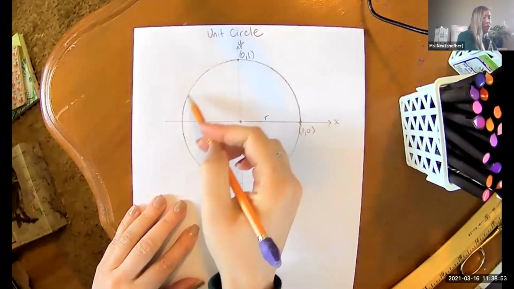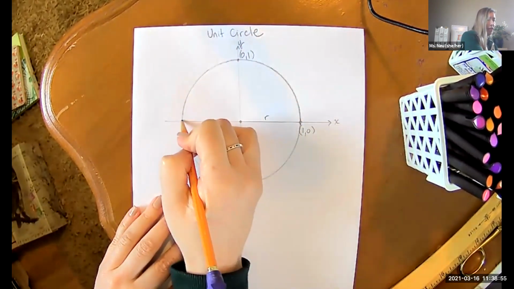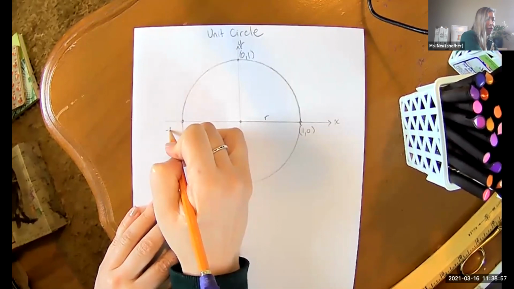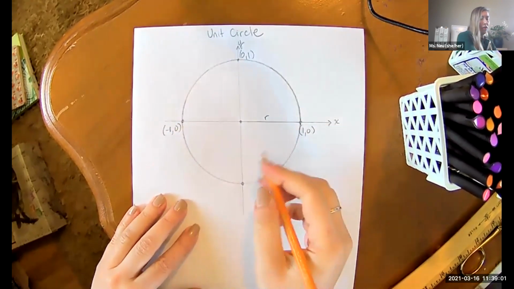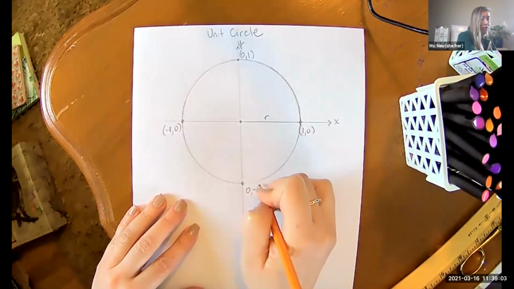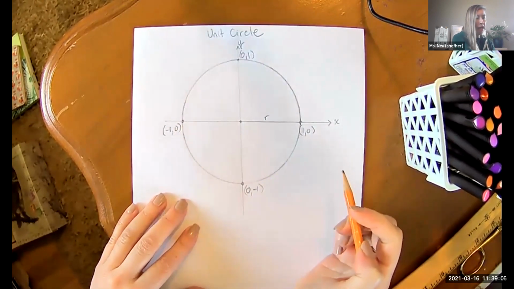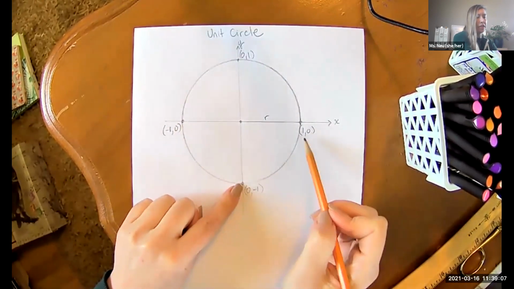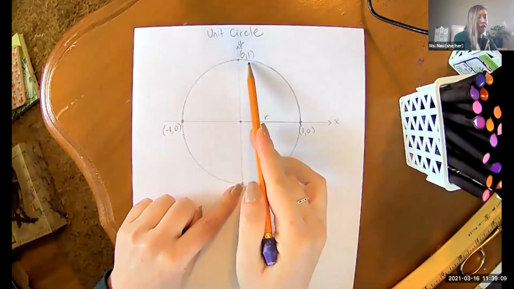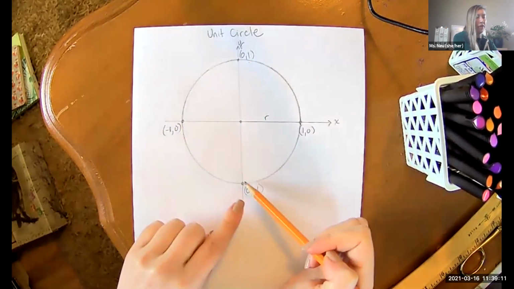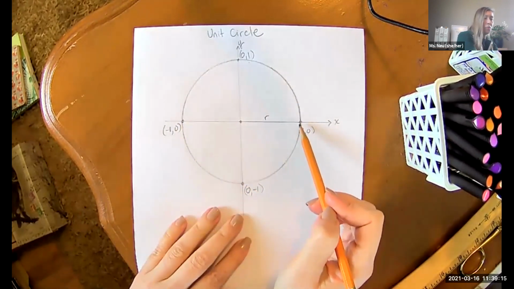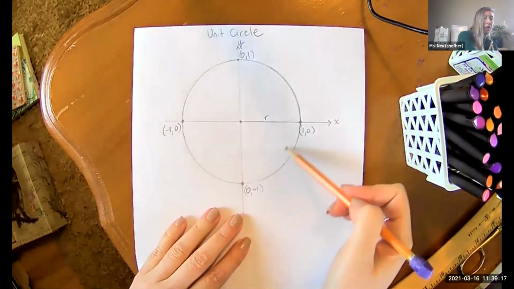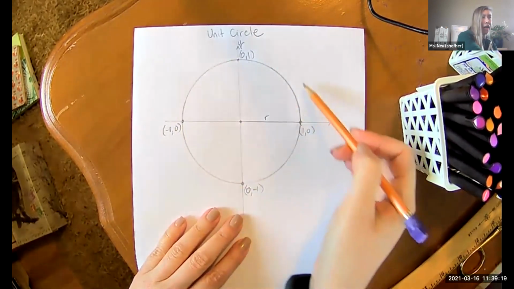And of course, if we continue to swing it around to this side, you have -1, 0. Bring it down to the bottom, you have 0, -1. And so it's really good to notice how these values change from positive to negative as you're going into different quadrants, right? Notice also I swung this way, which is counterclockwise.